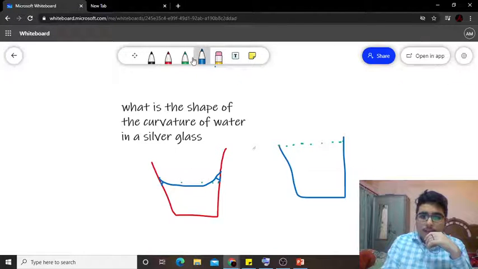So what we'll do is we'll place a cap. Have you seen those caps present on Rooh Afza bottles or on the medicine syrups, cough syrups?